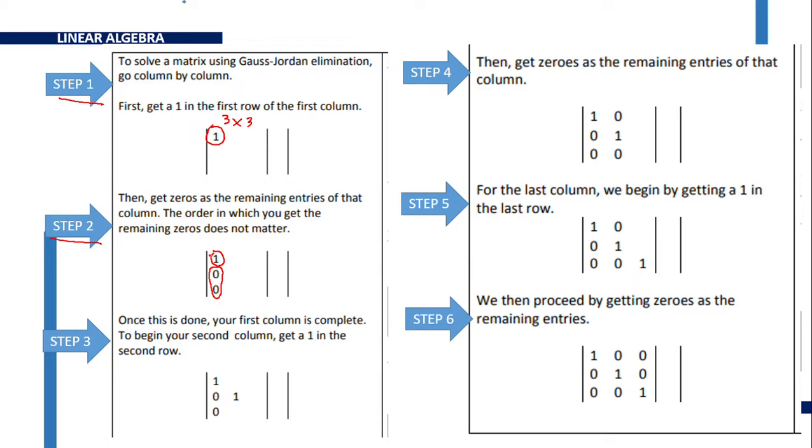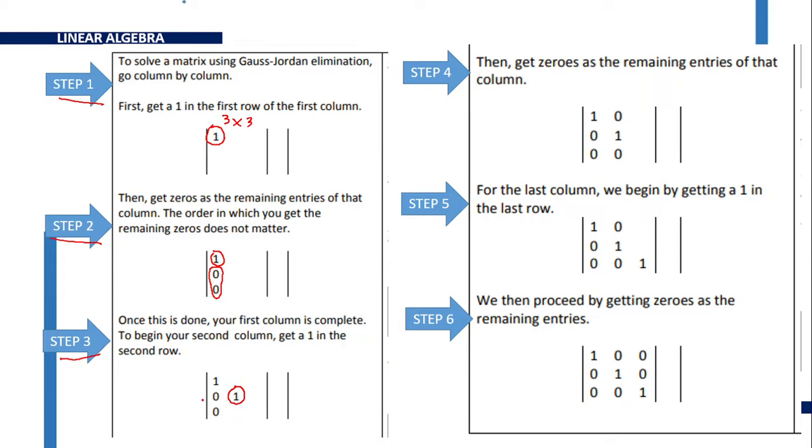Okay? Step 3. Once this is done, ayan, kapag tapos na daw tayo sa first column, your first column is complete. Then, begin your second column. So, get a 1 in the second row. Itong second row, kunin na itong nasa gitna. Okay? Yung nasa gitna, gawin din nating 1. Yung second row, second column. Di ba?